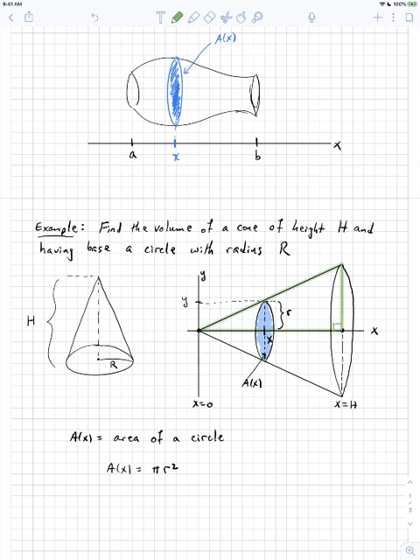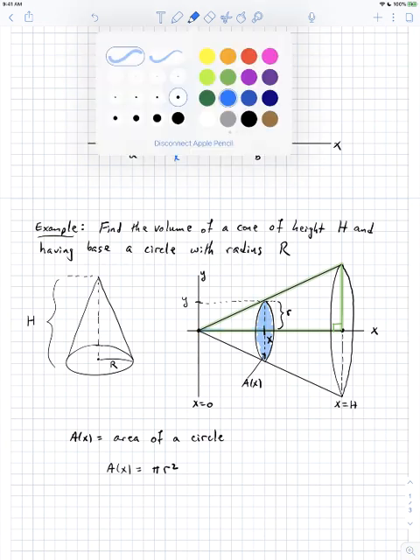So this isn't the cone that we're looking at. We're just looking at the small slice of the cone, which is a right triangle. Similarly, we have a smaller right triangle here. Maybe I shouldn't use blue since we're using blue for the circle. So let's say gray.